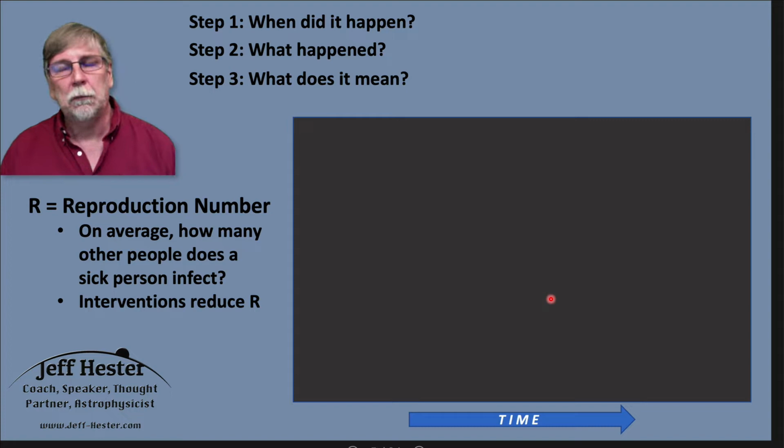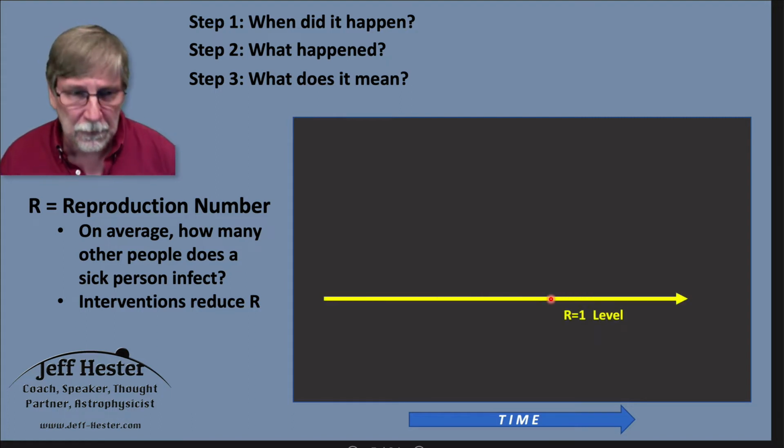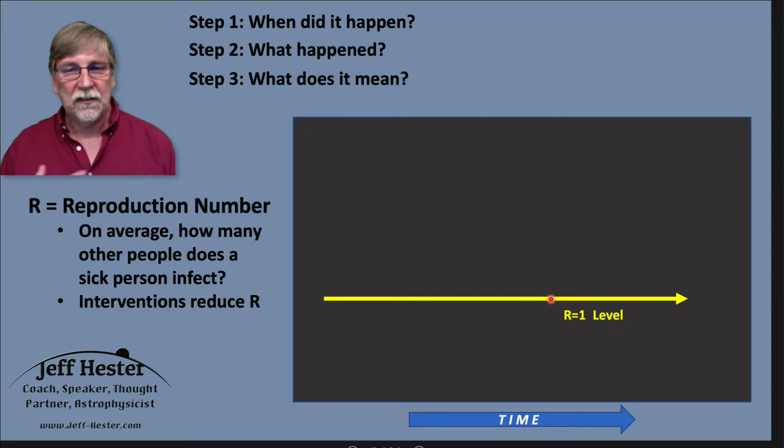What the reproduction number tells you is on average how many other people a sick person gives the disease to. So, for example, if the reproduction number is 1, that means that a sick person on average gives it to one other person, and they give it to one other person, and they give it to one other person.